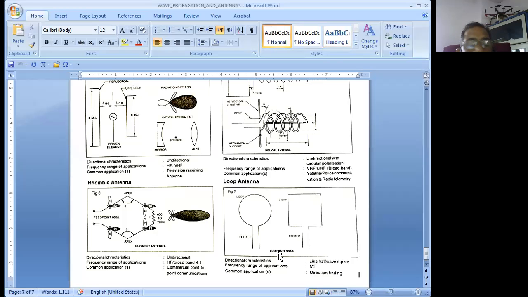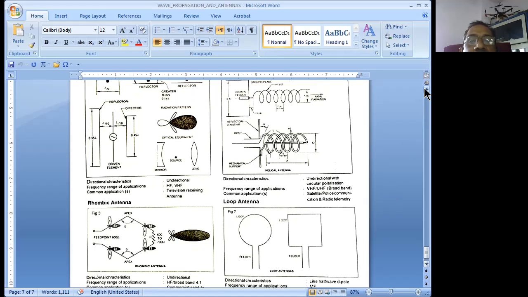Well, the shape of the loop antenna will be something like this, where a wire is simply wound just like a loop structure. Because of these varieties of loop structures, we can have a loop antenna of rectangular shape, circular shape, or triangular shape. Based on the applications, we normally have different shapes of loop antennas.